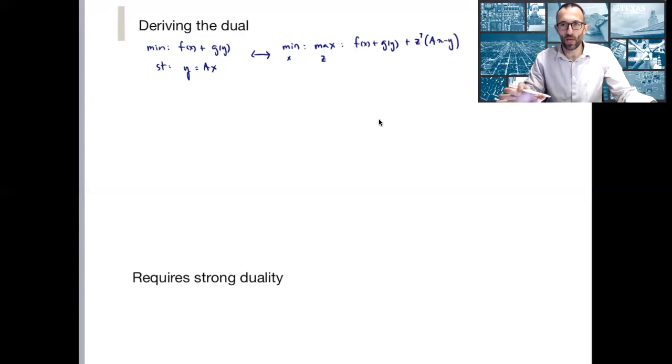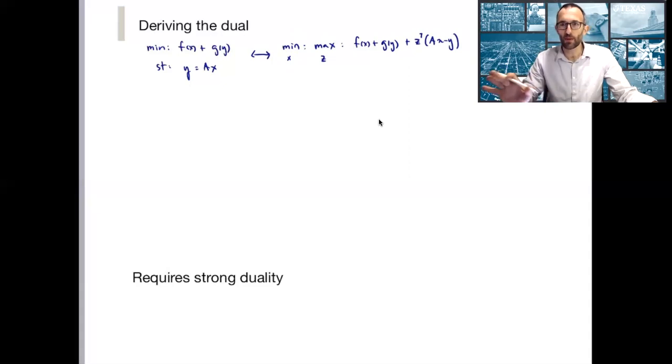So far we haven't done anything to assert that these are equivalent, because by convention here, the inner optimizer gets to go second. What min-max means by convention is that the outer minimizer has to commit to an x. Then the inner maximizer has all the power. z gets to look at what x was committed to, x can no longer change from that, and then z chooses the worst possible value.